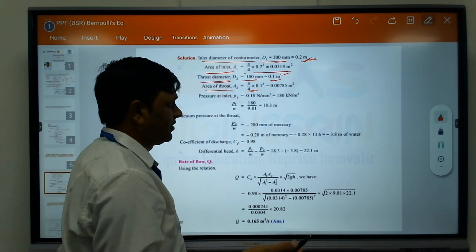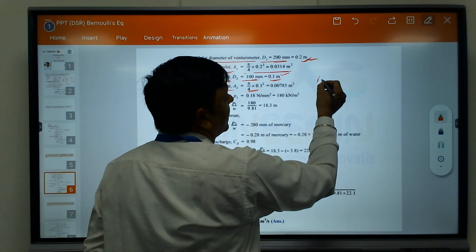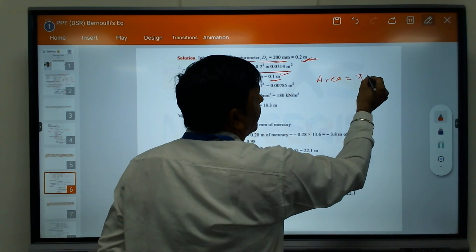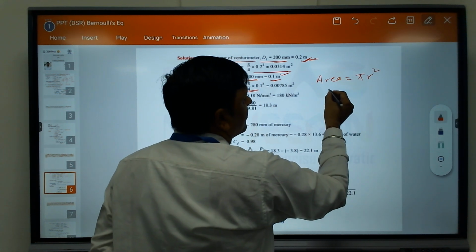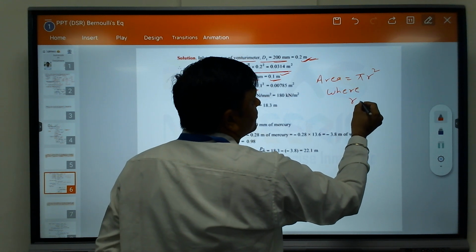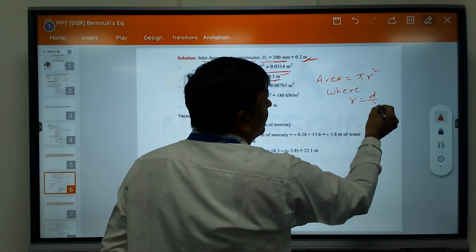We all know the area is equal to pi r square, where r is equal to d by 2.